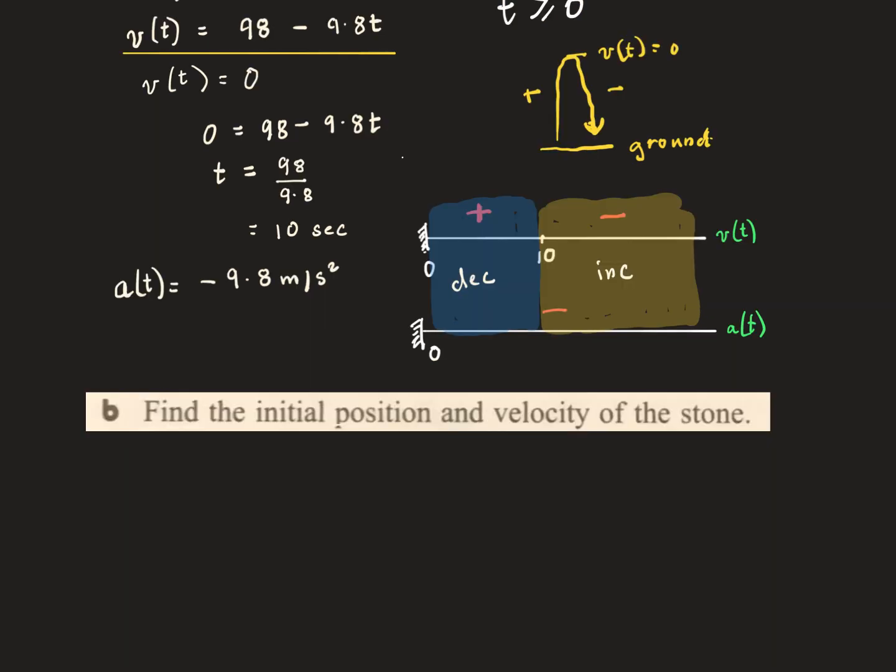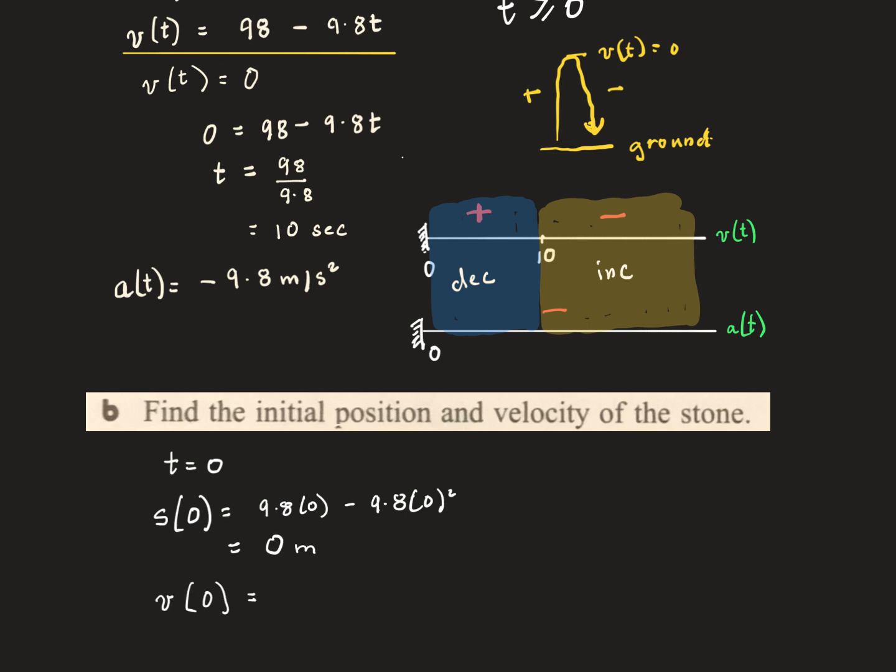Now we're asked to find the initial position and the velocity of the stone. That happens when time is equal to 0. So the displacement of the stone at time equal to 0 is 98 multiplied by 0, take away 4.9 multiplied by 0 squared, which simply means it is 0 meters. So what would our velocity be at that spot when time is 0?